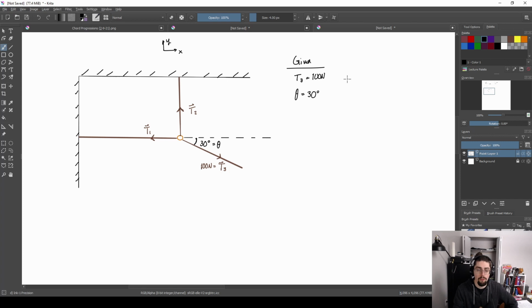The sum of all forces is 0. That's the key that I'm looking for. I could say that all of the forces summed up in the x direction and all of the forces summed up in the y direction should both be equal to 0.